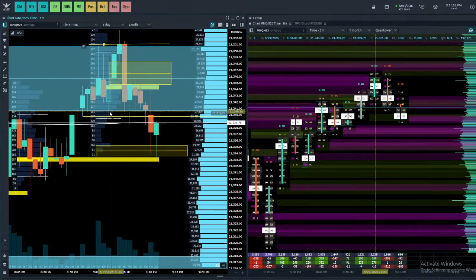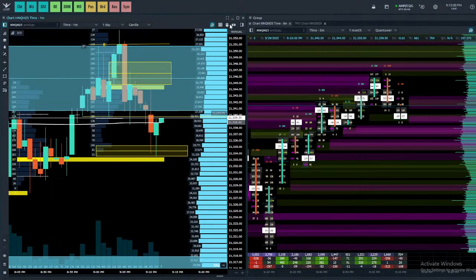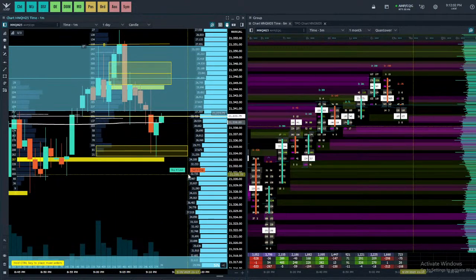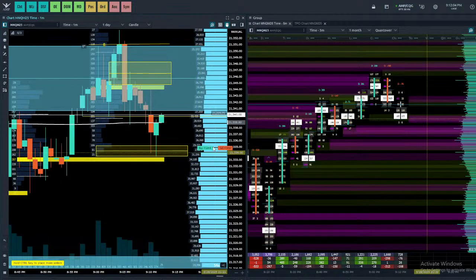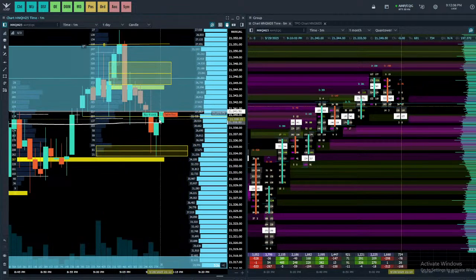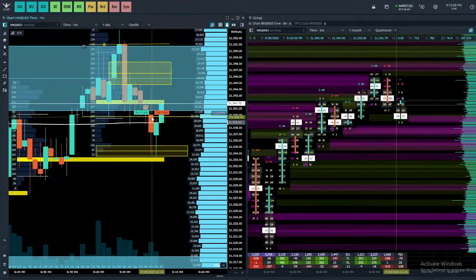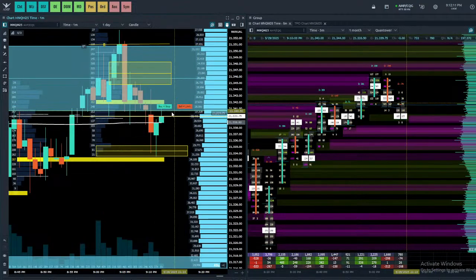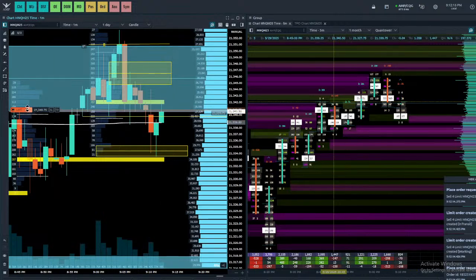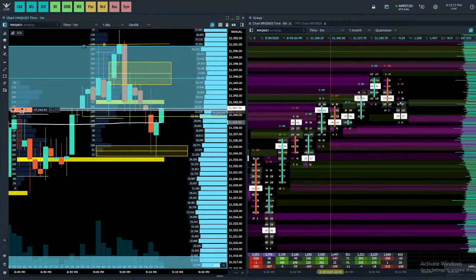Boom, that's the move I was looking for. Okay. It's starting to make more sense. Boom, you still in this short. My stop loss was up here if I was in it. I'm okay, might get aggressive.